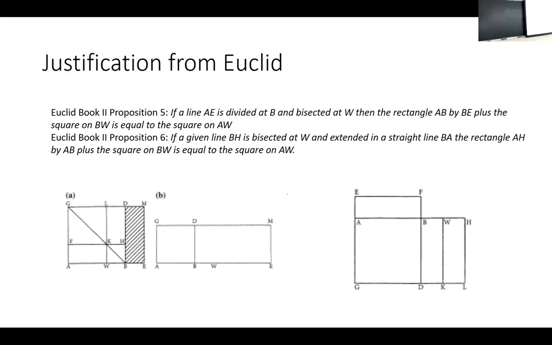Here we've got this line BH, it's bisected here, and now we're extending this line. Whereas before things were happening inside the interval, here the interval has been extended. But it's giving a similar kind of result. And that's good, right, because we need different pictures for the three different cases that come up from the quadratic equation.